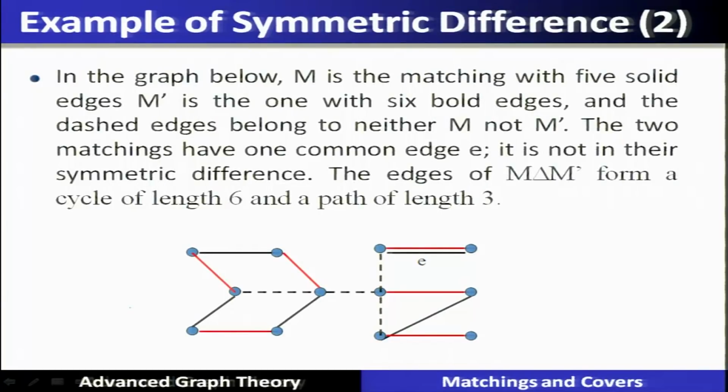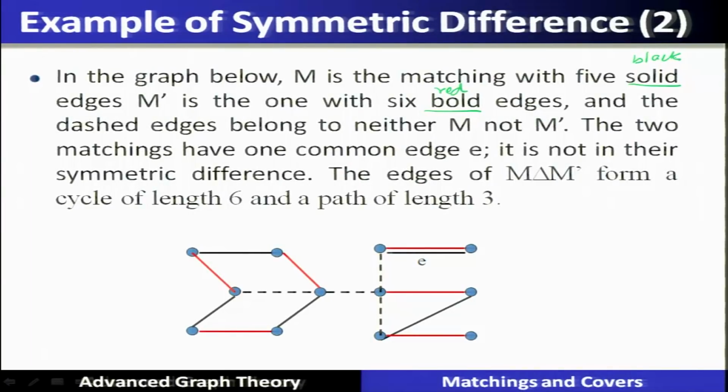This particular example will also illustrate that. M is a matching with the 5 solid edges, and M prime is one with the 6 bold edges. Bold edges are marked in red, and solid edges are marked in black.